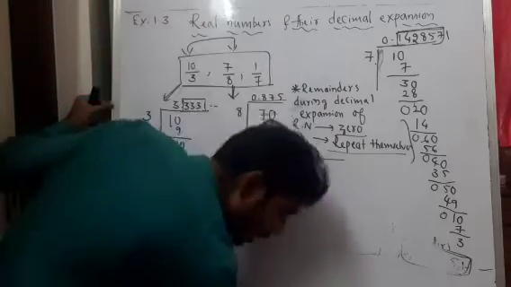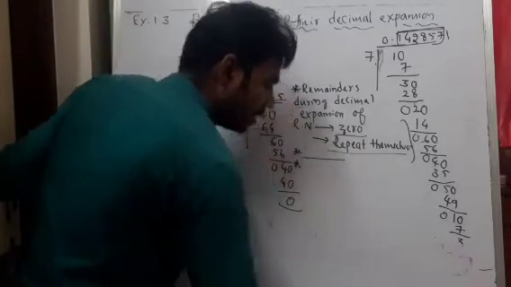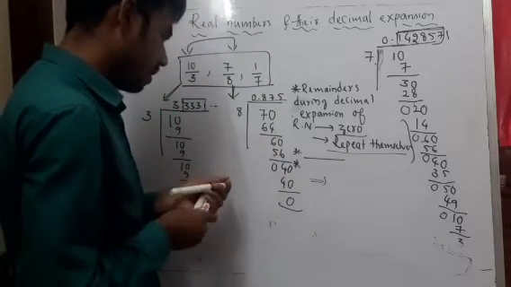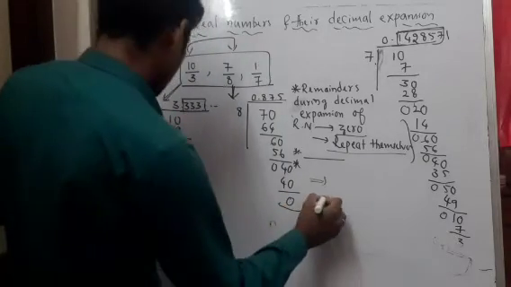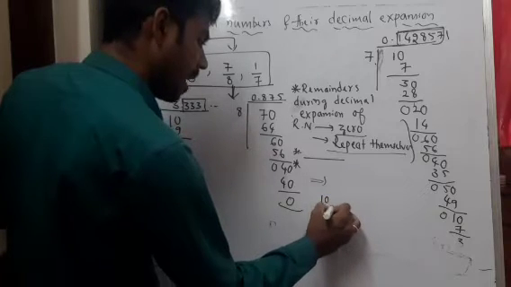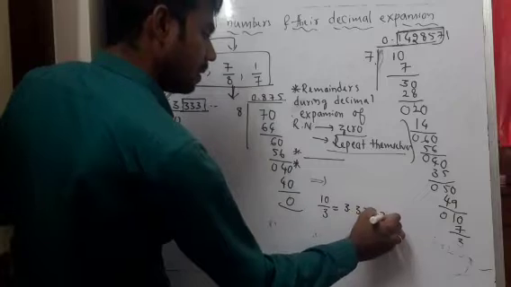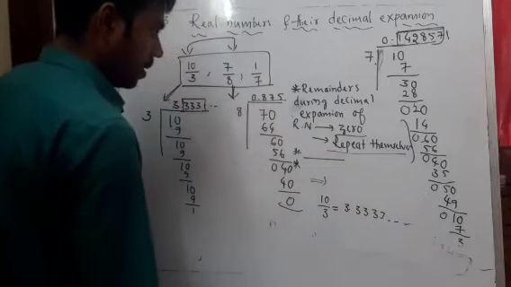These three things we understood from these three examples. Apart from that, in what way can we differentiate? 10 by 3 can be written as 3.3333, and it continues.